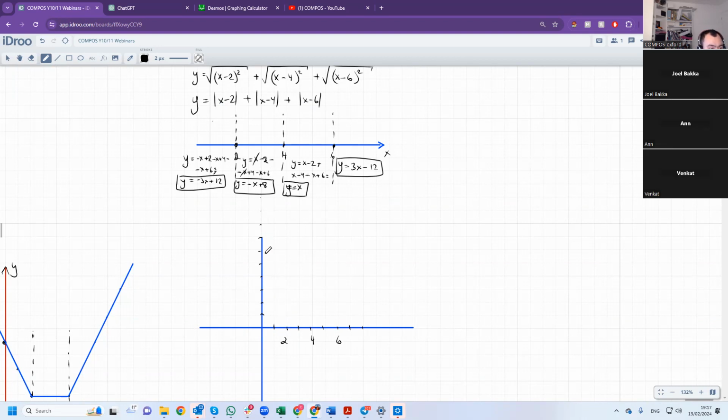And with a gradient of 3, bam, bam, bam. So the graph is like this. Then it goes with gradient minus 1, like this. Then it goes y equals x, so it goes like this. And then with a gradient of 3. So this is the graph.